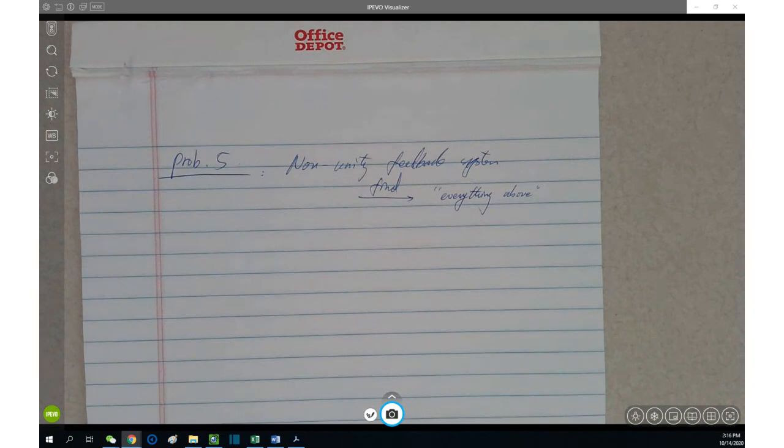Does homework 3 have an example of non-unity feedback? To be very honest, I can't remember. But next lecture we'll definitely do it.